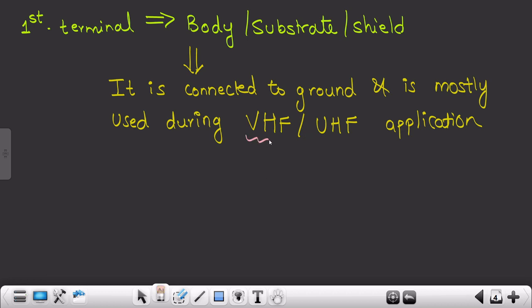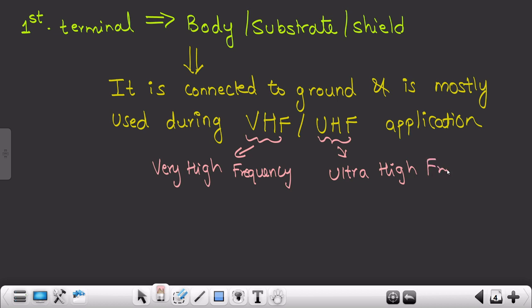VHF means very high frequency, and UHF means ultra high frequency. Okay, so this is the significance of the body or shield terminal.